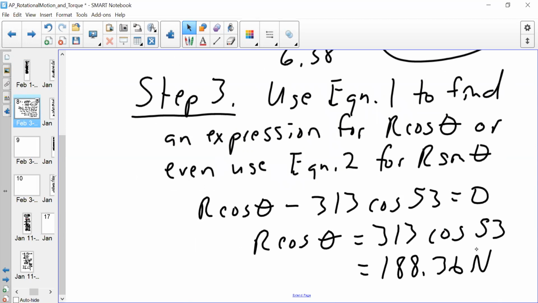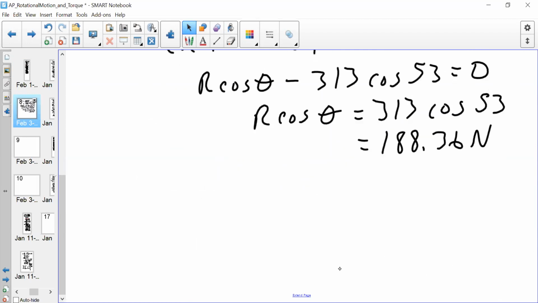So now, step 4, next step here. Let's get an expression for r sine theta, because now the point of that, as you can see in the example, is to get the ratio of r sine over r cosine. That allows you to get the angle of the force r, and then you can solve for r, which is the ultimate goal.